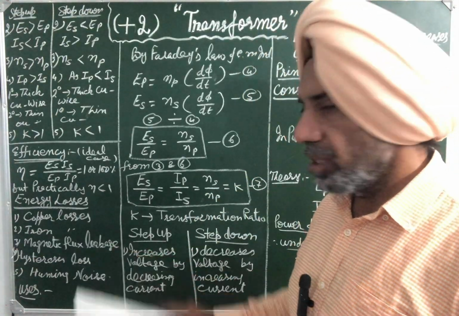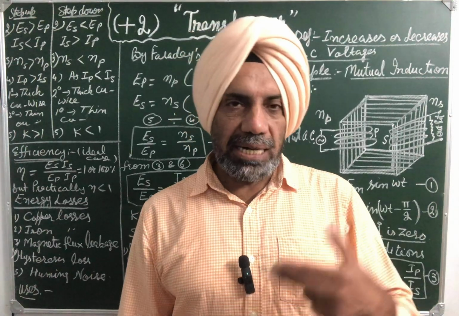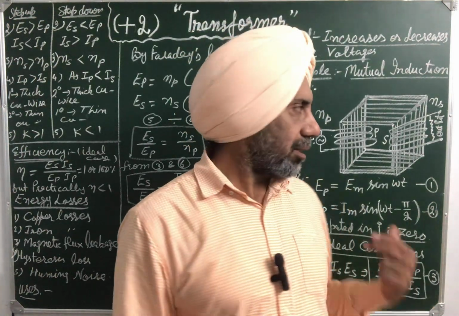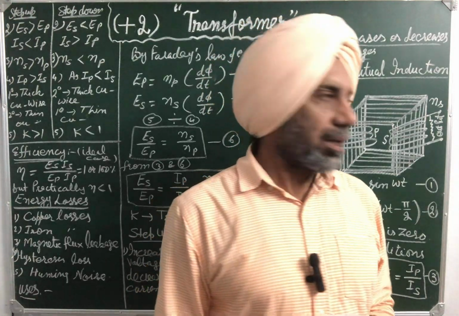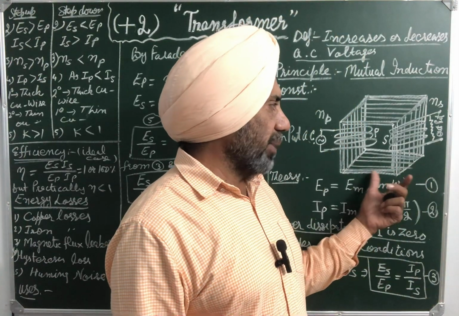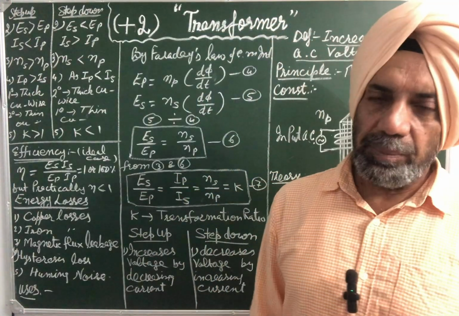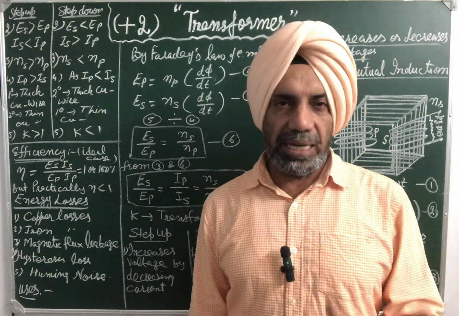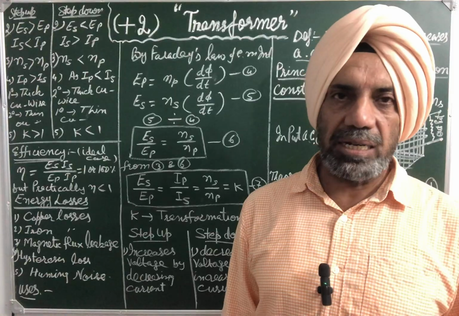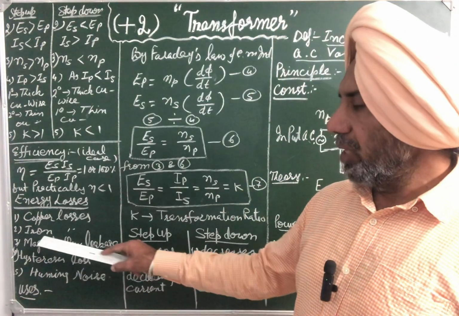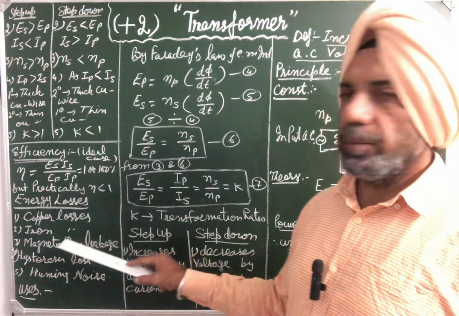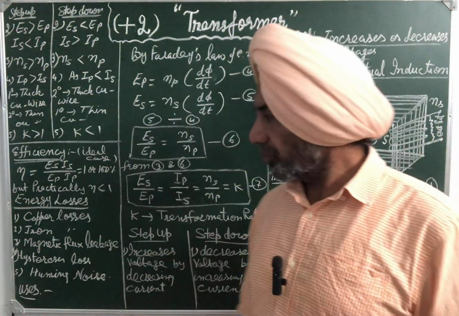Then iron losses, since eddy currents are produced in the frame, which is made of soft iron core. Even if we use laminated soft iron core, we can minimize the loss due to eddy currents, because eddy currents also produce heat. By using laminated soft iron core it can be minimized, but it cannot be made zero.